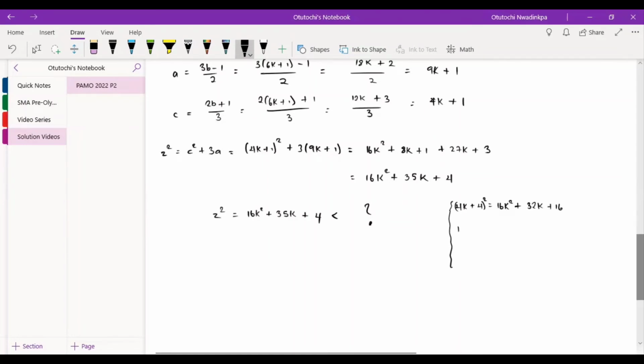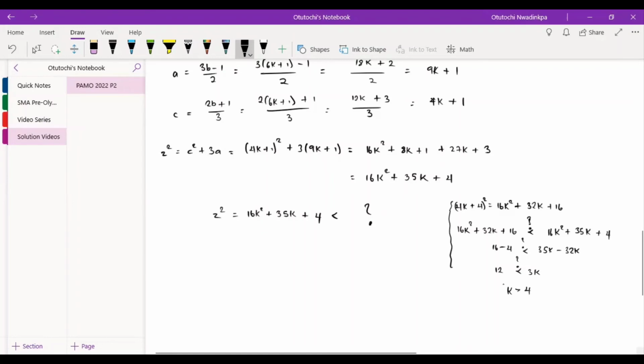We have 16k squared plus 32k plus 16 less than 16k squared plus 35k plus 4, right? And this will give us 16 minus 4 less than 35k minus 32k, and this will give us 12 less than 3k, and this will give us k greater than 4, right?